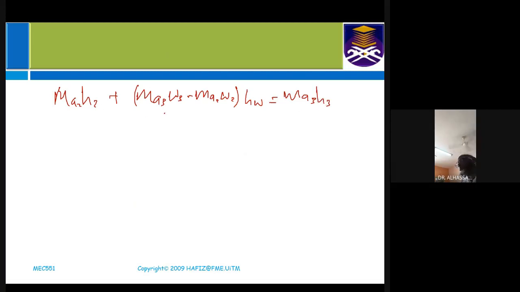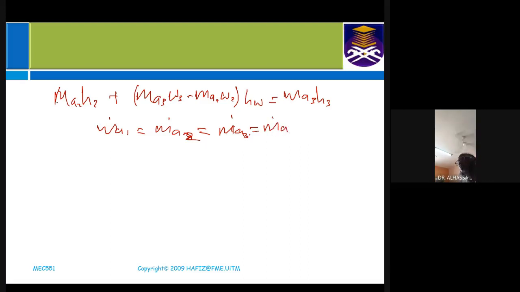But MA1 equals MA2, which equals MA3, which equals MA.